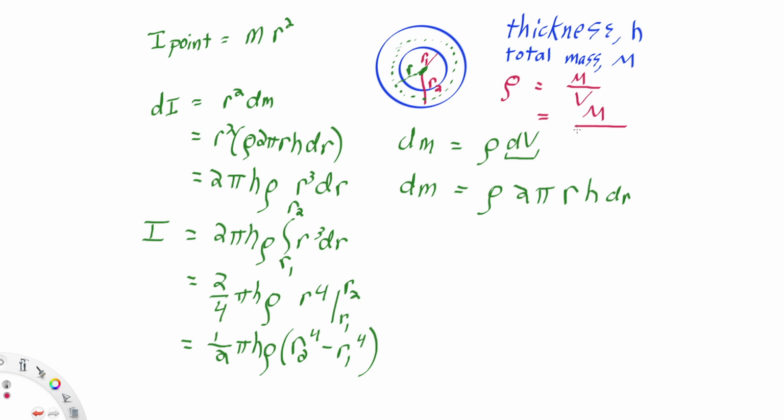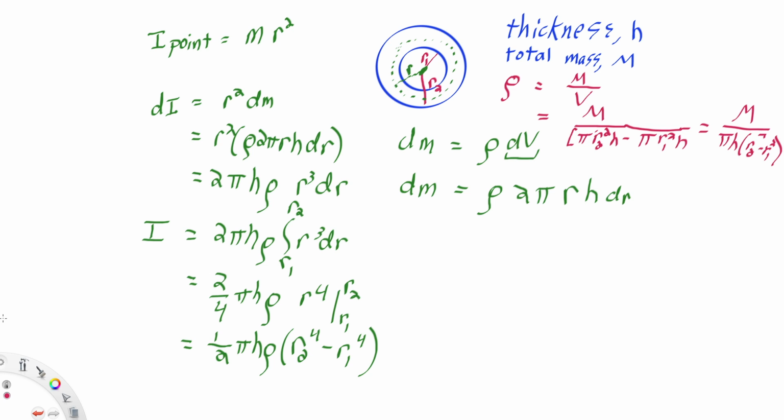So the big cylinder, like the outer cylinder, is pi r2 squared h. But there's an empty piece in the middle, so we're going to subtract that out. Something like that.